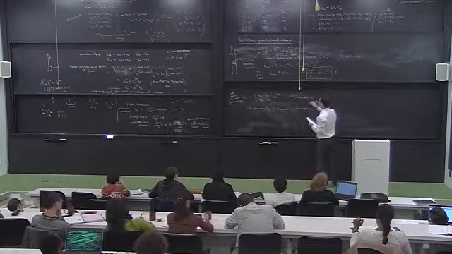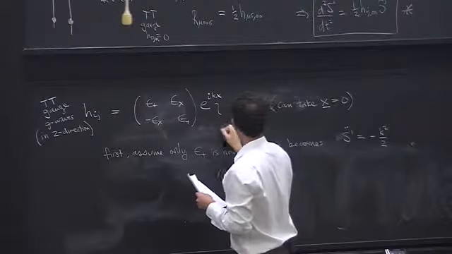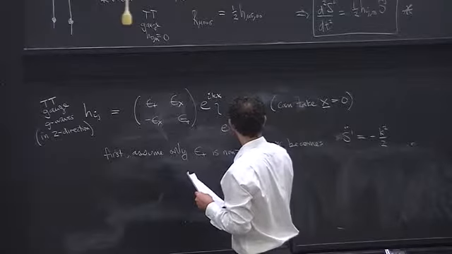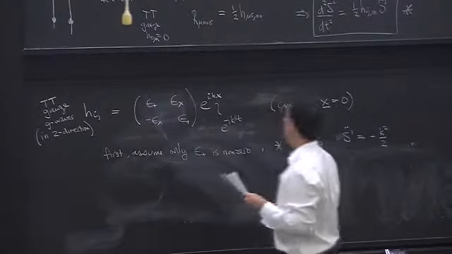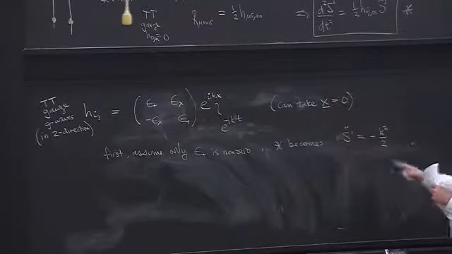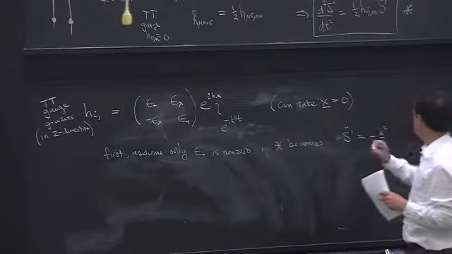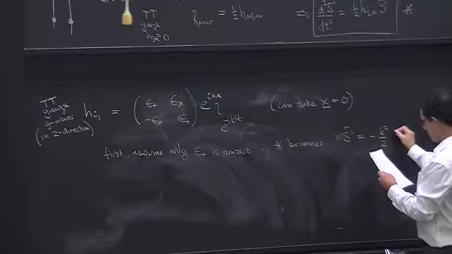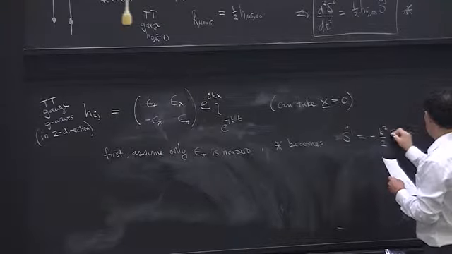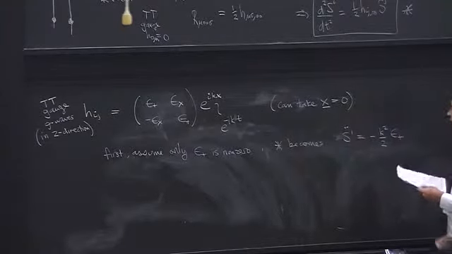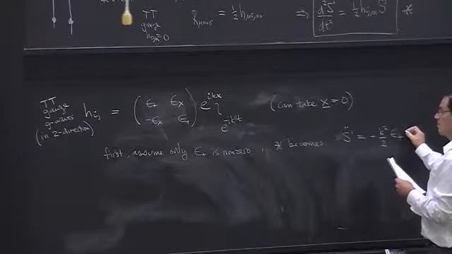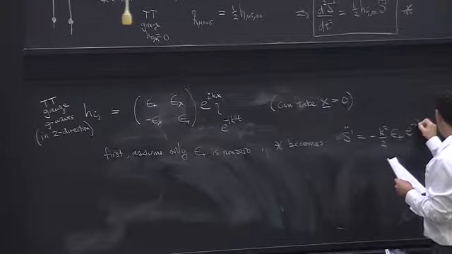And h goes like e^{-ikt}. So differentiate that twice with respect to t, I get a minus k squared, I get the half, I get epsilon plus, and then I get e^{-ikt}.